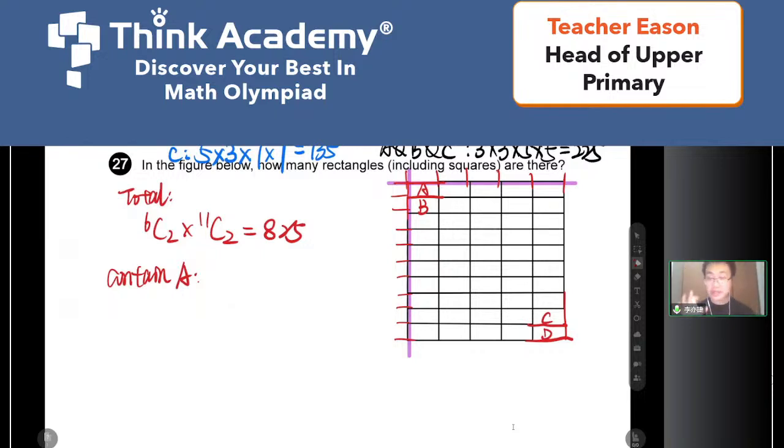So if we want to contain this A, the top and left we have no choices. We can only choose the bottom and the right. For bottom, we have 10 choices. For right, we have 5 choices. So there are 50 containing A, right?